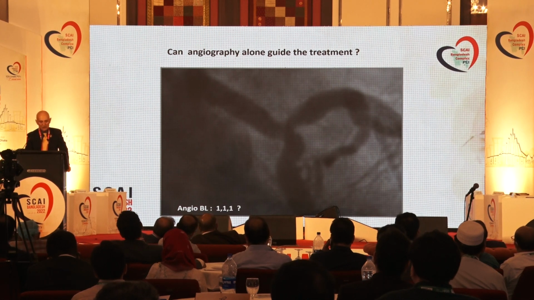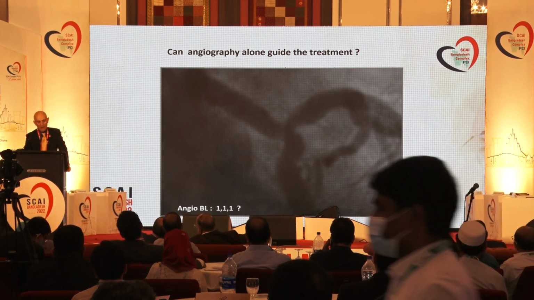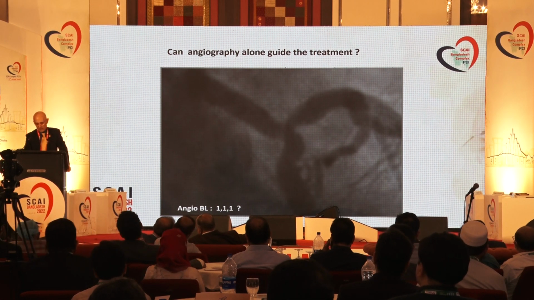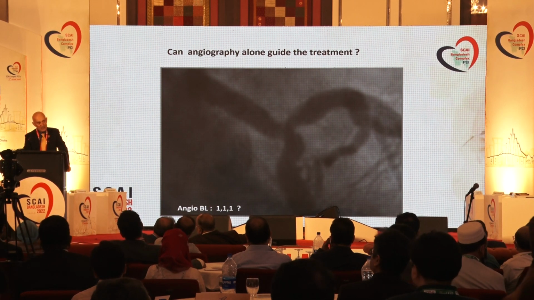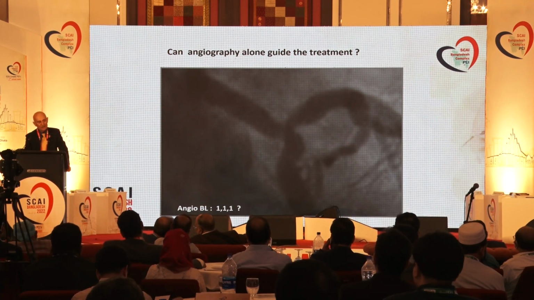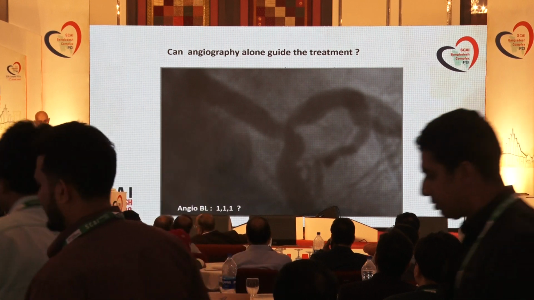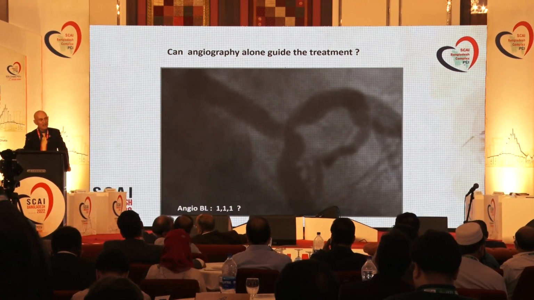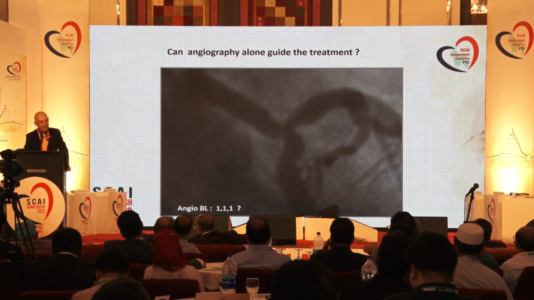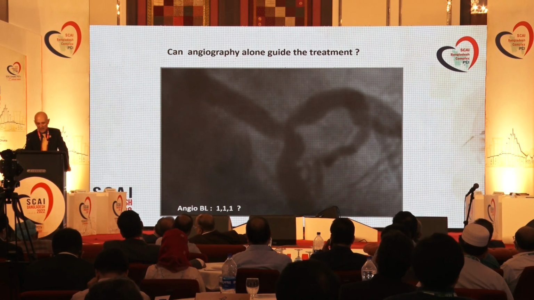Like in this case, you see on angio it seems an intermediate lesion on distal left main, and maybe a significant lesion on ostial LAD, and maybe also the ostial circumflex is involved, but because of this difficult anatomy, you cannot define what you are having by only angio.